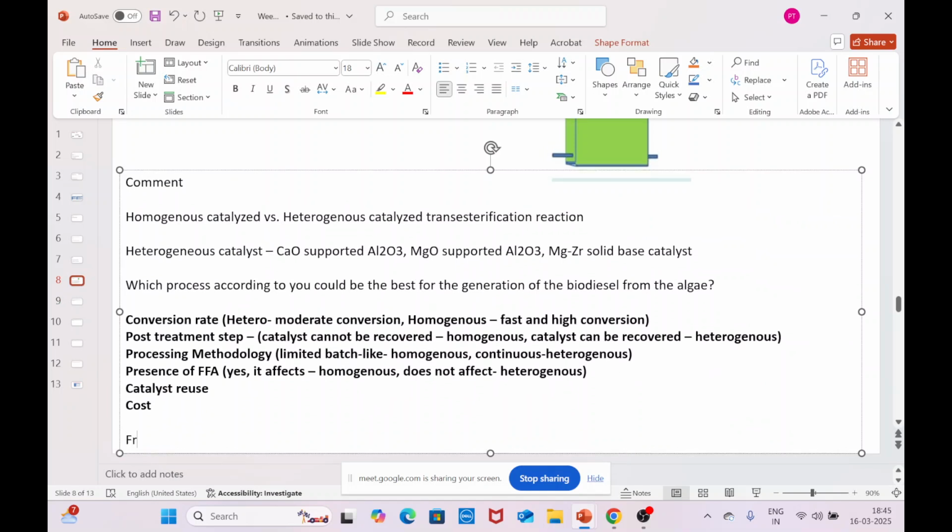So, keeping in mind all factors discussed above, heterogeneous catalyzed transesterification process is best for biodiesel generation.